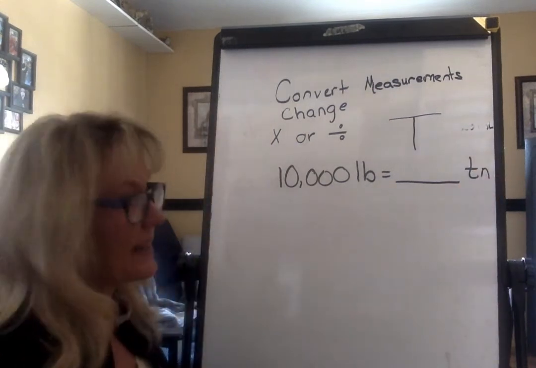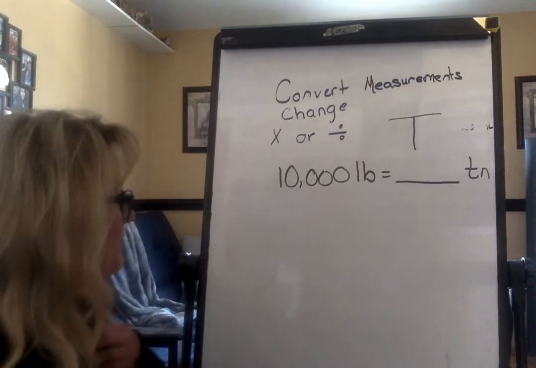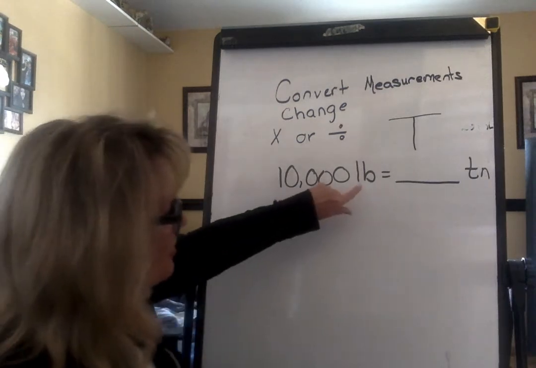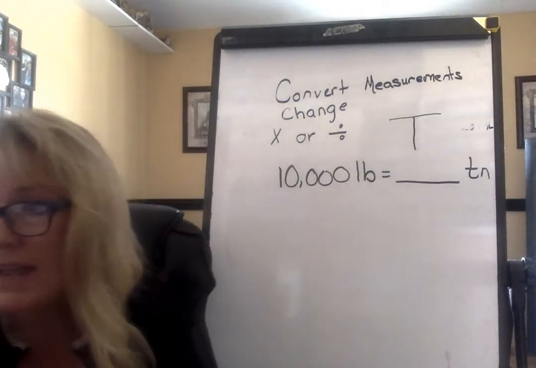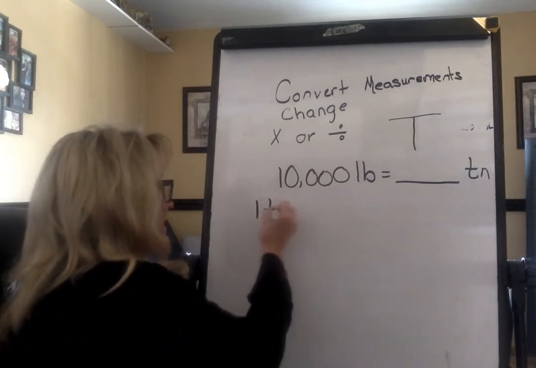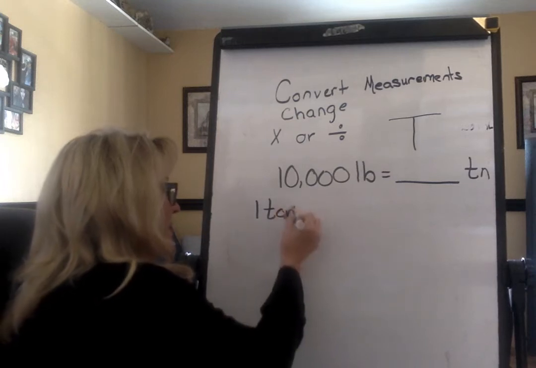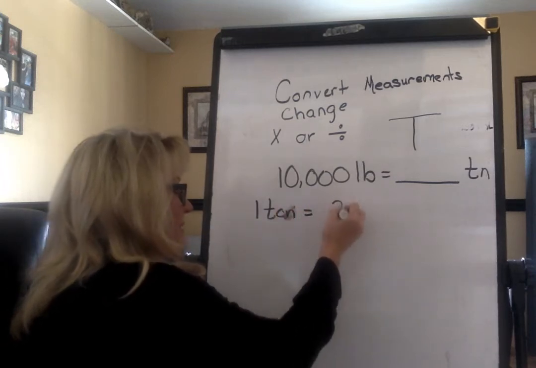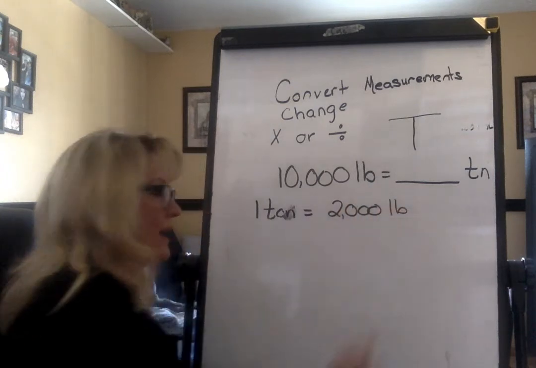So it's the same process, really big numbers, but the same process, okay? So the first thing I have to know is, how are pounds and tons related, okay? So I have to know that if I have, let's see if I can spell correctly, 1 ton, it's the same as having 2,000 pounds.